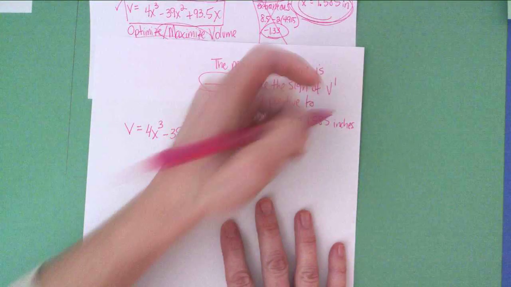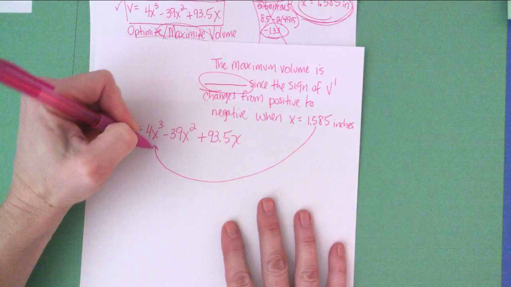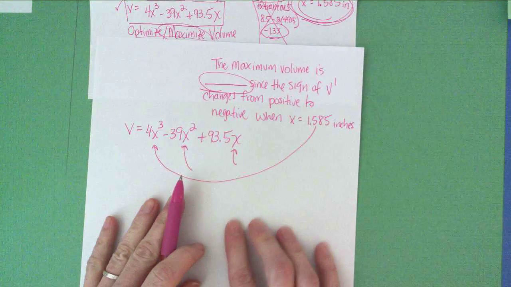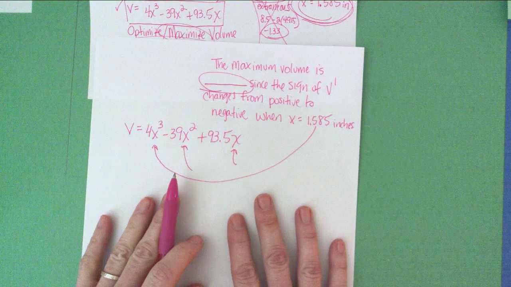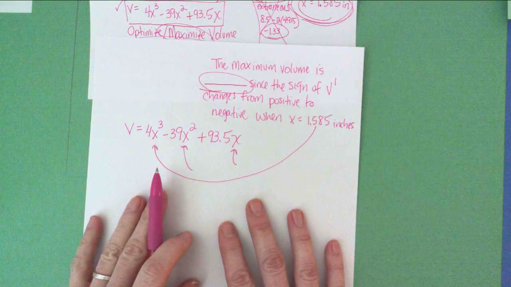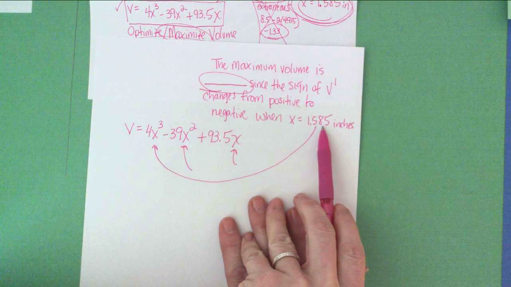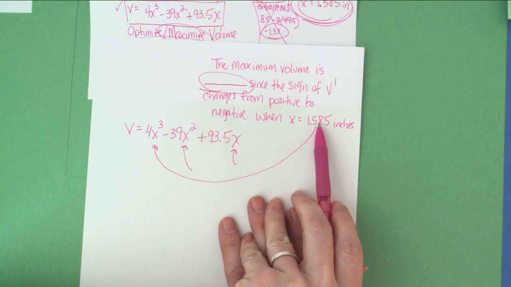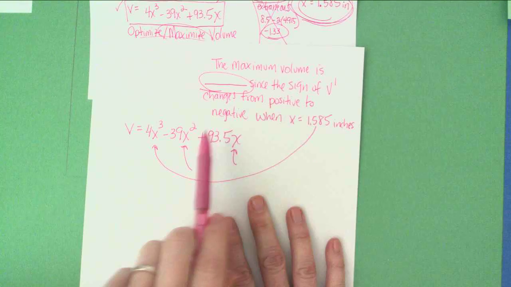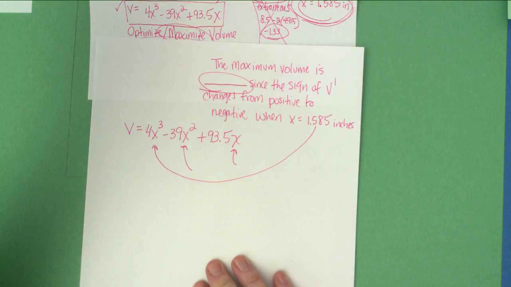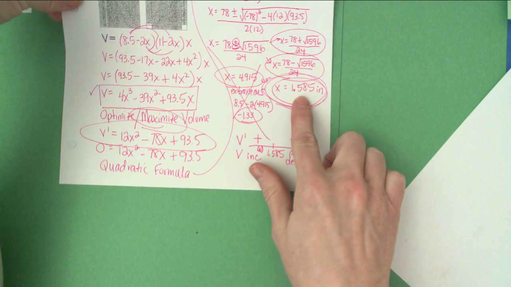So if I plug 1.585 in for all these x's, I'll have my blank here. One thing I want you to be careful of, in optimization, you don't want to round answers until the very last step. So this is a rounded answer, but when I plug it back in, I want to use what it was unrounded. So I'm actually going to back it up to earlier when I found 1.585.